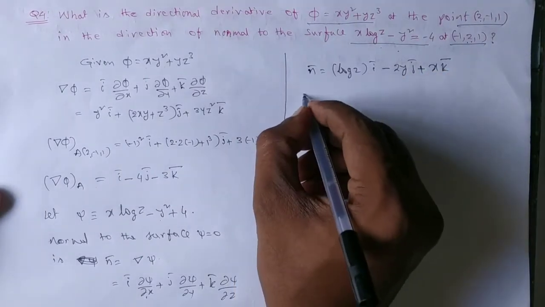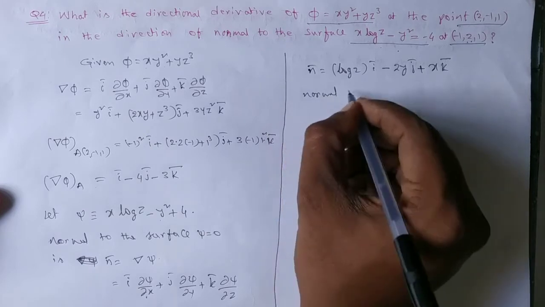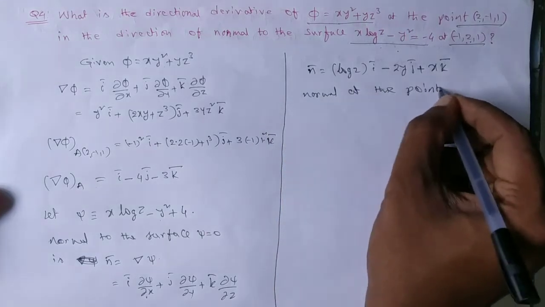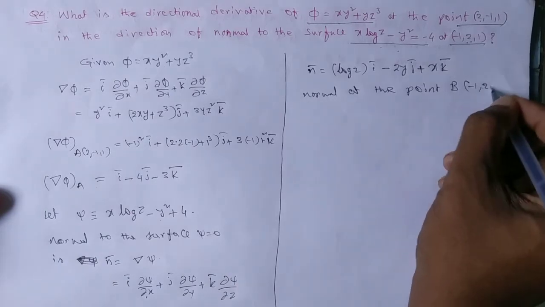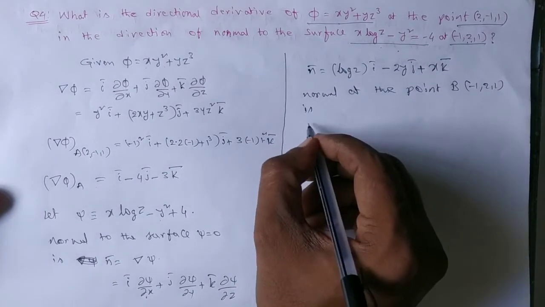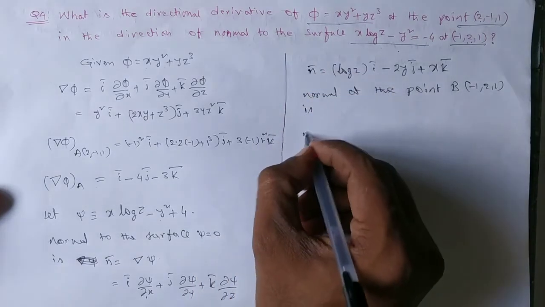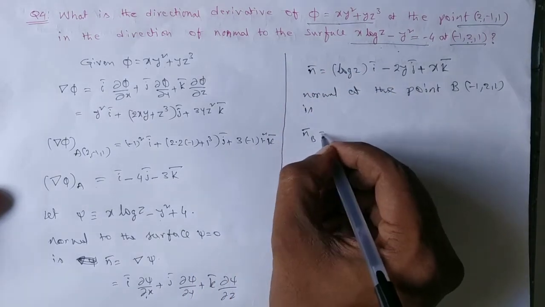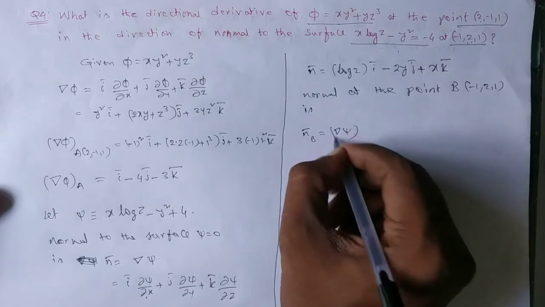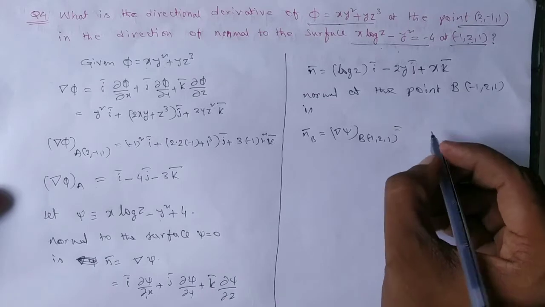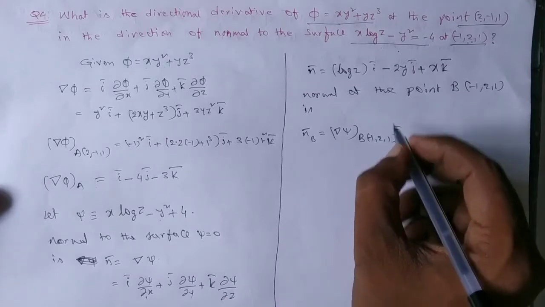So normal at the point B of -1, 2, 1 is, I'm just giving this n bar at B equal to gradient of psi at B of -1, 2, 1, which is equal to, substitute -1, 2, 1 in our function.